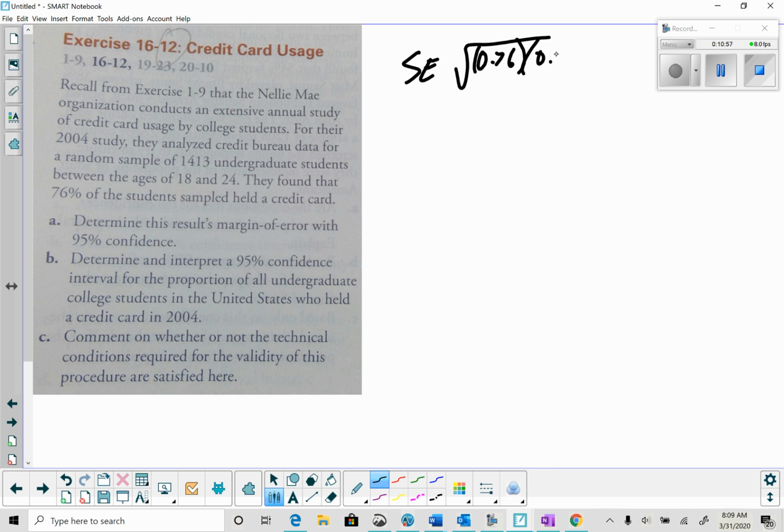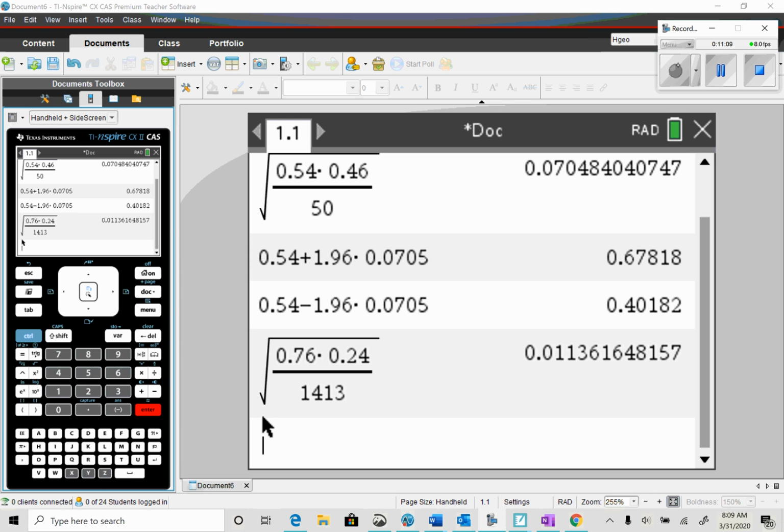So that should be 0.24. And our sample size here was a whopping 1413. So that gives us the standard error here. Again, to 4 decimal places, I'm going to use 0.0114.